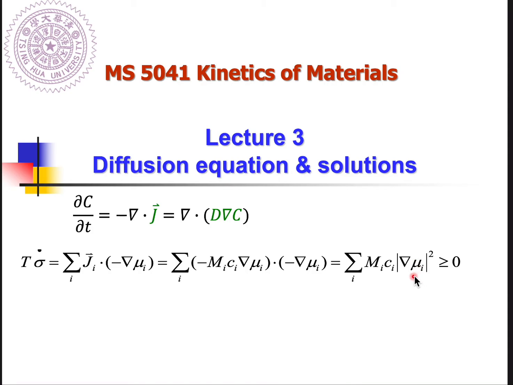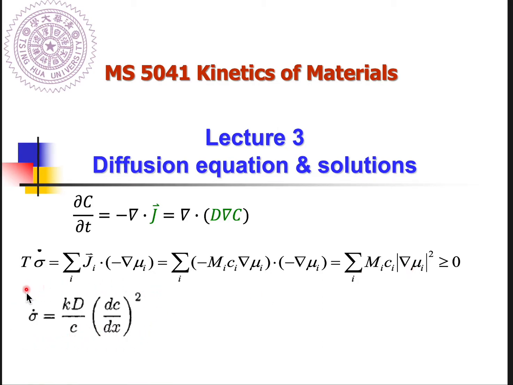So use the Einstein relationship we demonstrated in lecture 2. You can substitute this term, the chemical potential gradient, with a concentration gradient by using the Einstein relationship, and then you get this equation, right?